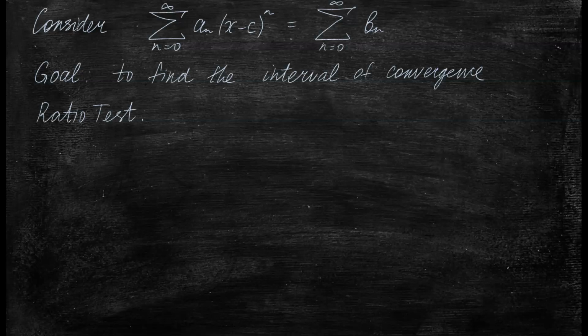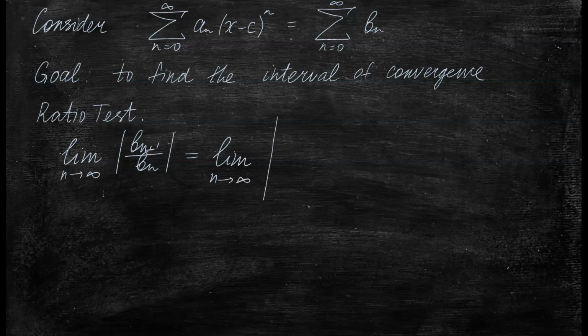And according to the ratio test, the limit of the n plus 1th term divided by the nth term and all that inside the absolute value must be less than 1 in order for us to say that the series converges. So if we want to find all the values for which the series converges, this will be a great starting point. And let's plug in everything in.